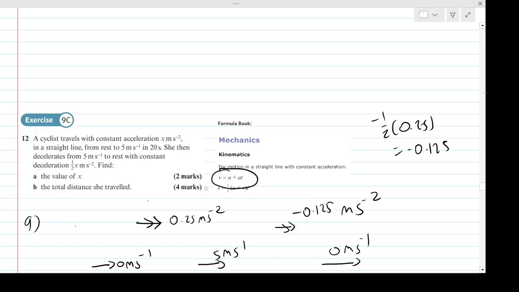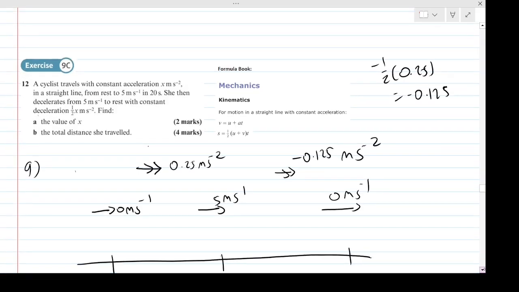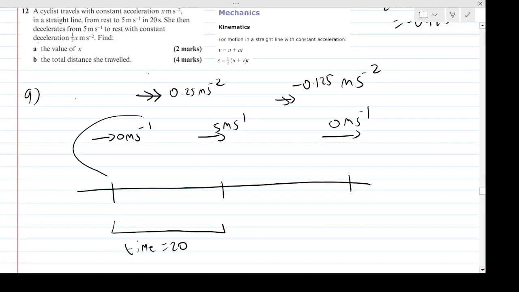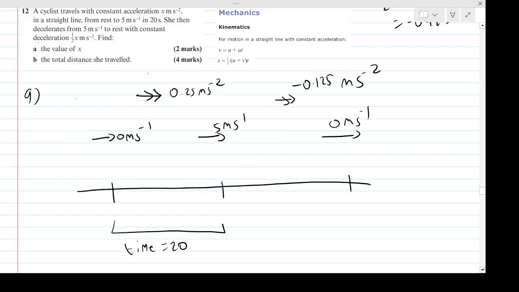There we are. Okay, then it wants the total distance you travelled. As we discussed, this journey is in two different parts. We've got this half here, and then we've got this half after. The total distance you travelled is going to be from the start here to the very end here.